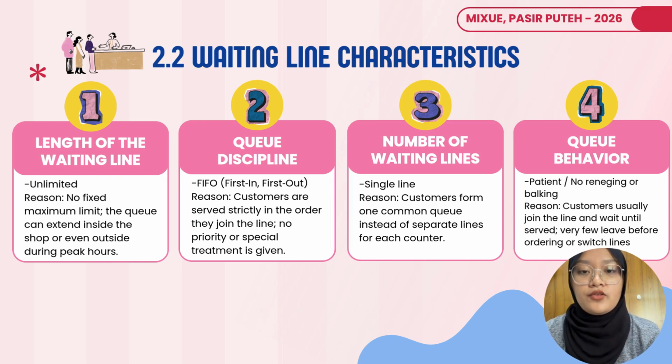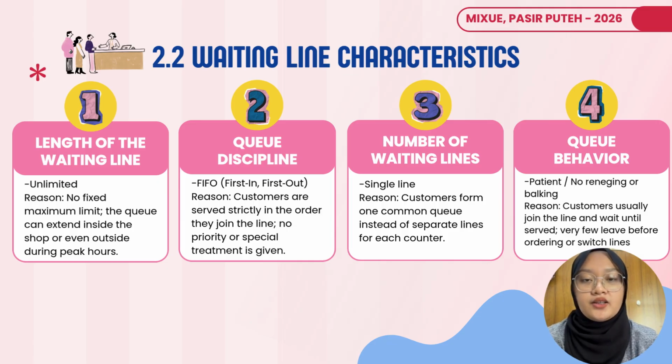Third, the number of waiting lines is a single line. All customers join one common queue. When any cashier becomes free, the next person in line moves forward to be served. This reduces confusion, keeps the system organized, and also avoids the unfair feeling of other lines moving faster than yours. Fourth, customer queue behavior.